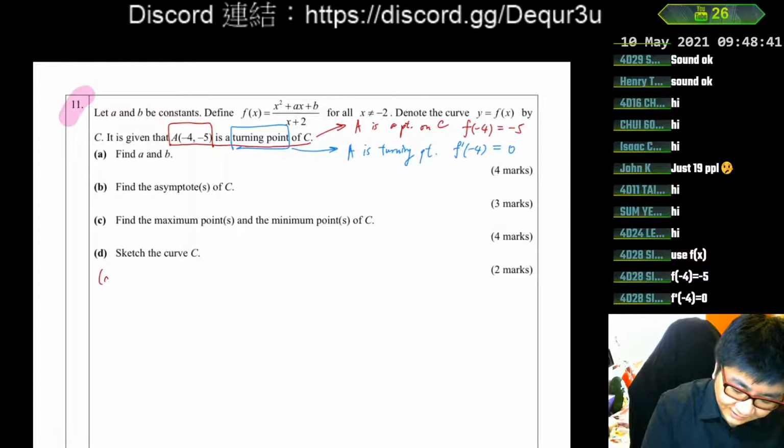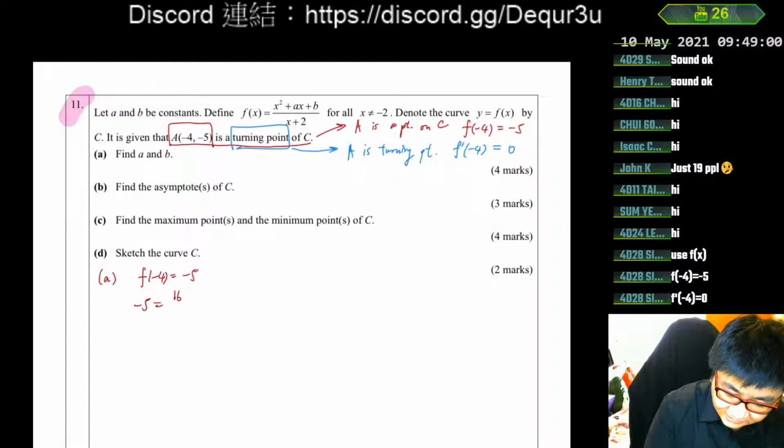For part A, we first put f(-4) equal to -5. So just put it in and set it to -5. The numerator at -4 will be 16 minus 4a plus b, while the denominator is -4 plus 2, therefore -2.